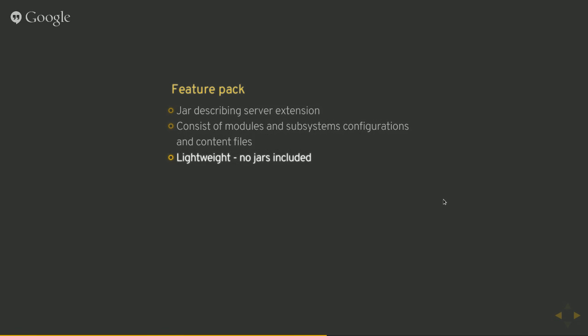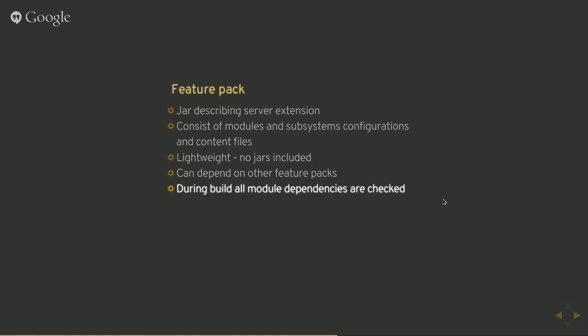Feature pack is lightweight, as no jars are included. It contains only the mentioned configurations. So in feature pack, we have only module description. There are no module jars there. Feature pack can depend on other feature packs, and during build, all module dependencies are checked.